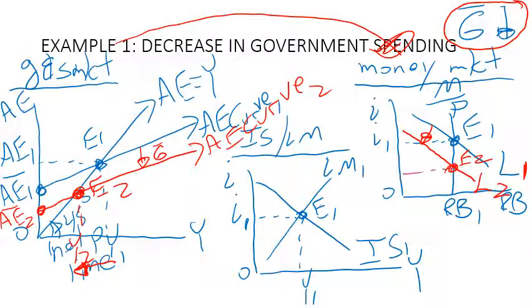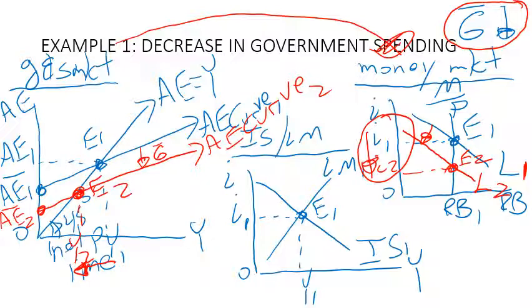And what would that do? In the money market, it would decrease the interest rate. What happens to money supply? Nothing happens to money supply, given that the central bank is not acting and the general price level is predetermined or constant.